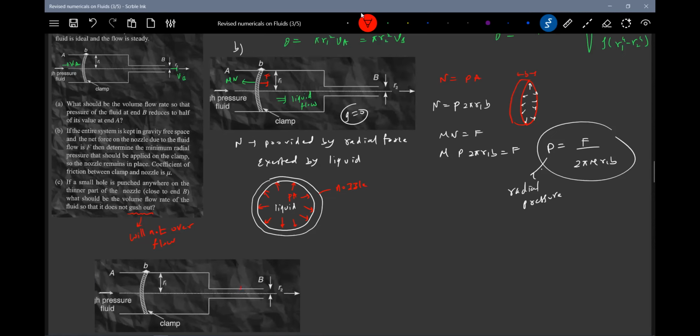Here small hole is made, so that the liquid should not rush out. Here pressure, let it be 3, I'll put it. Small hole. Okay, the liquid should not emerge through that particular point.